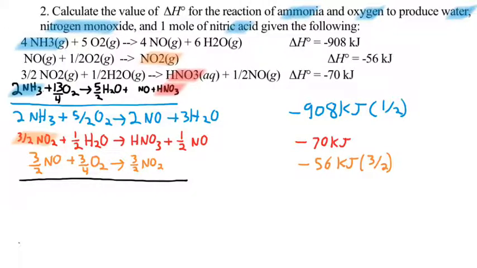Okay, let's check and see if everything works out or if we need to do some more. So I have the 3 halves NO2 in orange and red that cancel out.